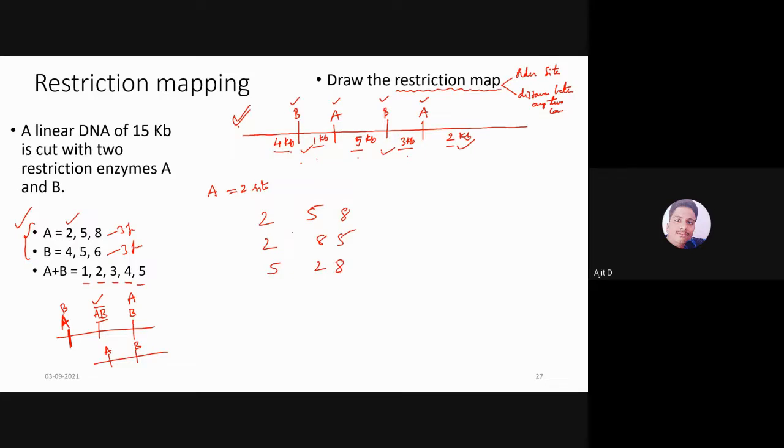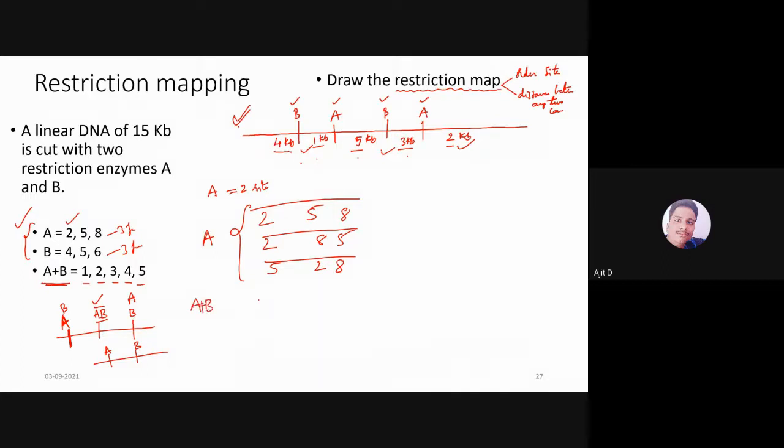And this is just for A alone; for B also you would do the same. I'm not going to solve it fully. This is for A, all the possibilities. I'm now going to look at A plus B.